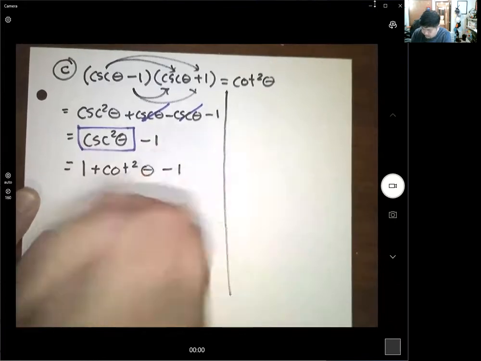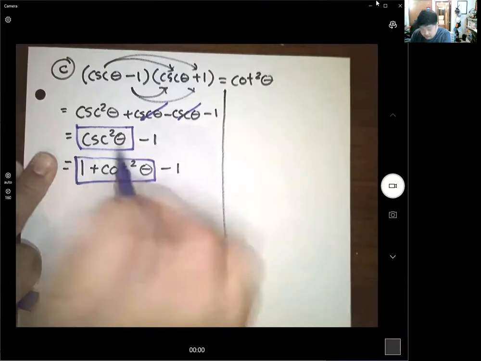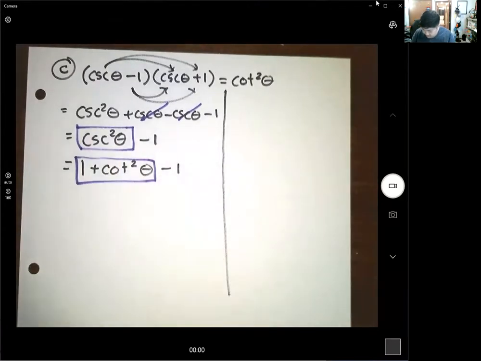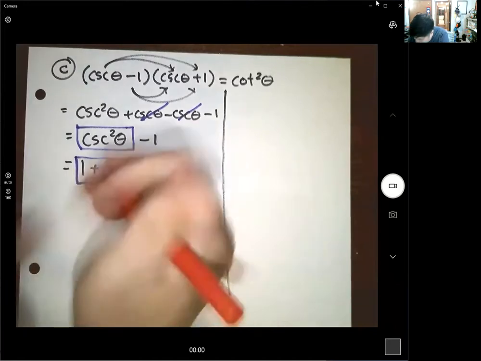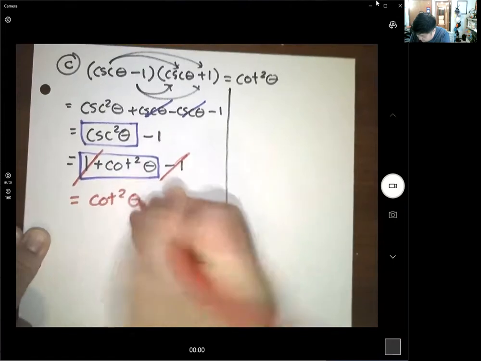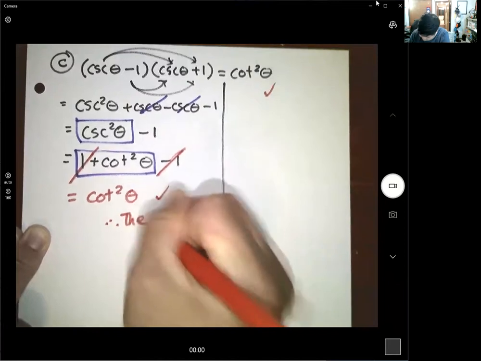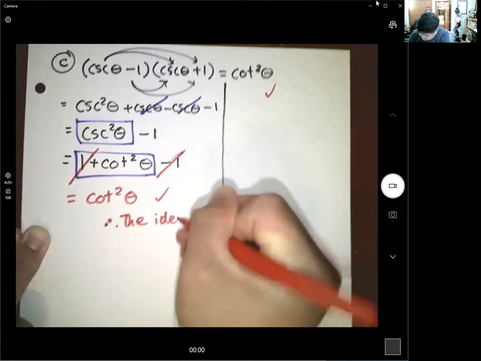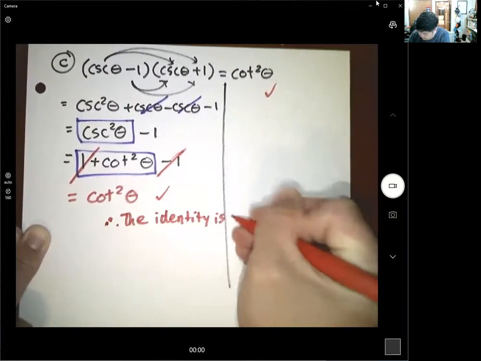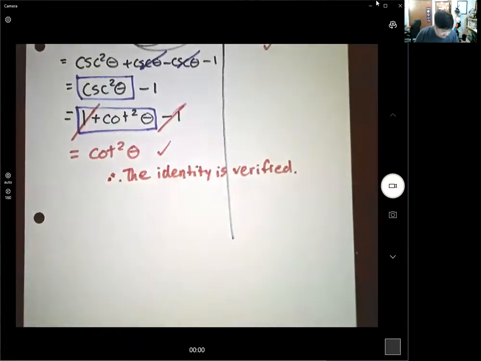So 1 plus cotangent squared theta minus 1, the 1s cancel out, and we're left with cotangent squared theta. That's the same on each side, so therefore the identity is verified. There is problem C.